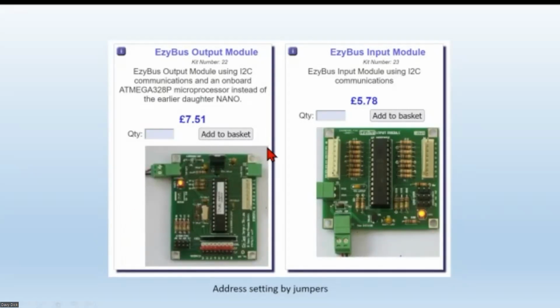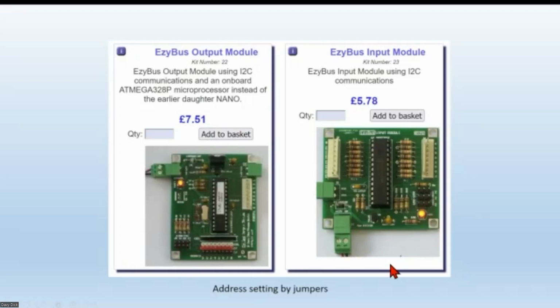outputs for your £7.50. There's your 16 inputs coming in there. Power coming in and the connections to your bus. We don't require an address setting module. There are jumpers on here that we can use to set the actual address of each module.